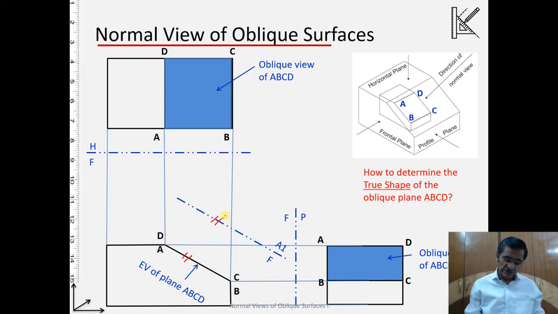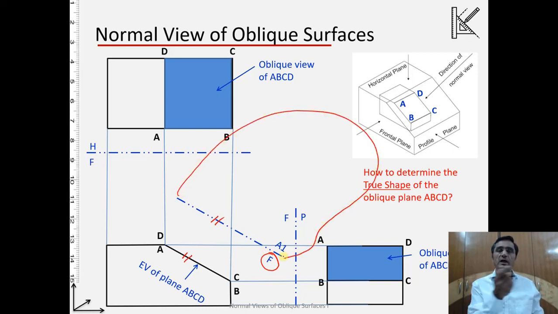So with respect to the frontal, I open the A1 up. This area is the area of the auxiliary plane A1, so the view of the plane seen on A1 will now be the true shape.